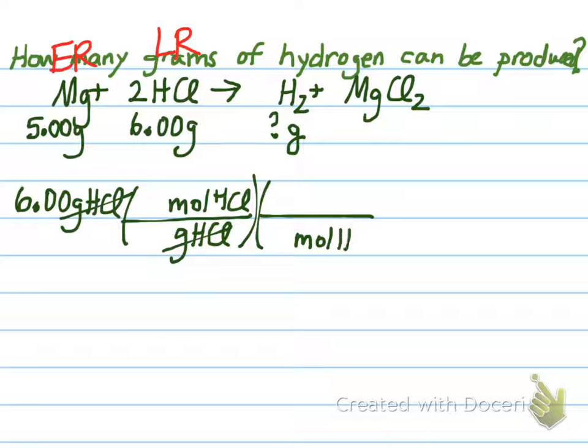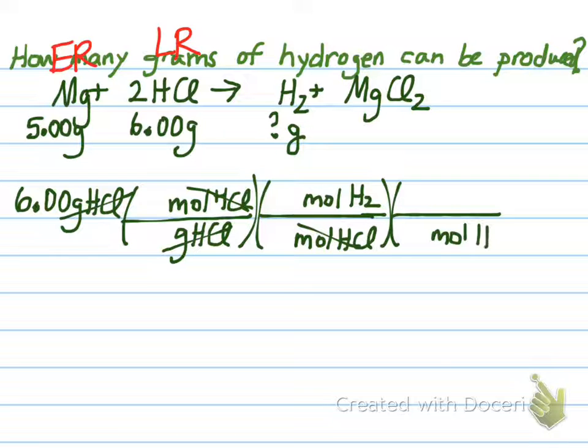Moles of hydrogen chloride have to go on the bottom. Moles of hydrogen are going to go on the top this time because that's what I'm converting to. And again, I don't want moles of hydrogen, I want grams of hydrogen, so moles of hydrogen goes on the bottom. I'm going to use the molar mass of hydrogen to figure out the grams of hydrogen.